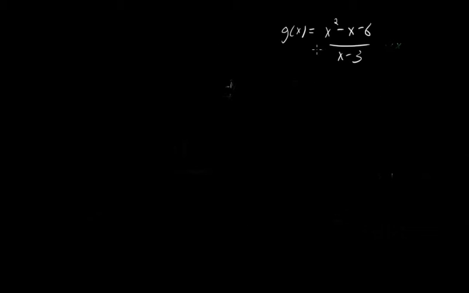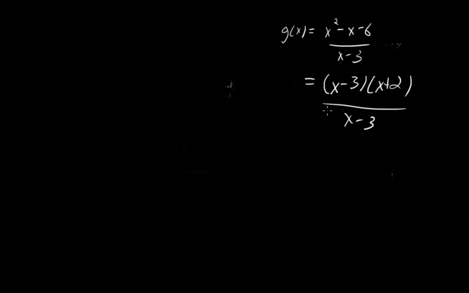So here we have the function g of x equals x squared minus x minus 6 in the numerator, and in the denominator we have x minus 3. Hopefully you can see that the numerator factors to x minus 3 times x plus 2. We have x minus 3 in the denominator.